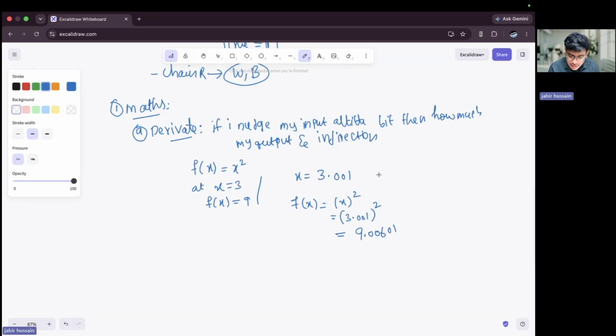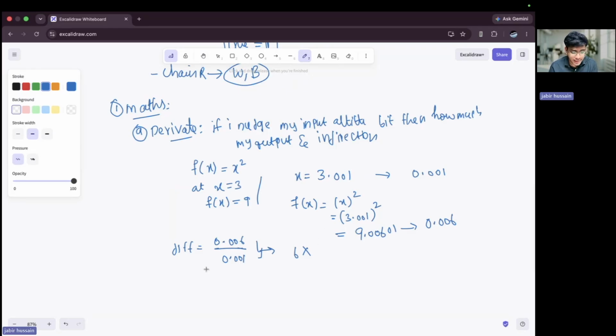My input has increased by 0.001, and the output has increased by 0.006. To calculate the difference, directly divide output change by input change: 0.006 divided by 0.001. It means that exactly 6 times the output has changed compared to my input change.